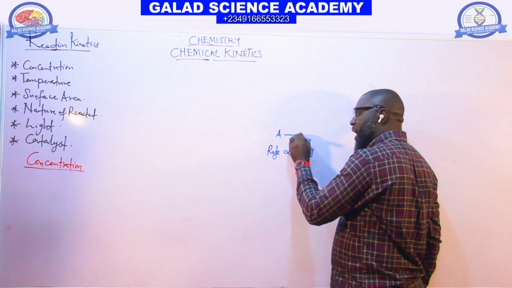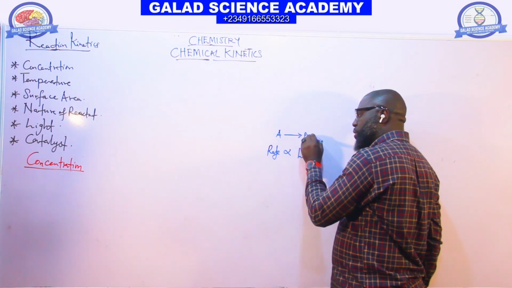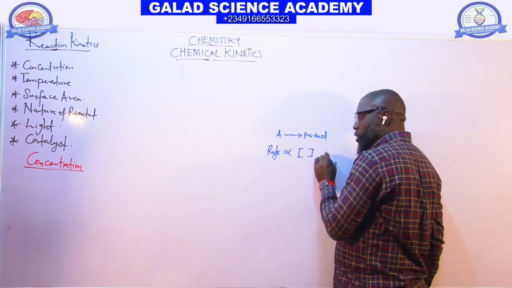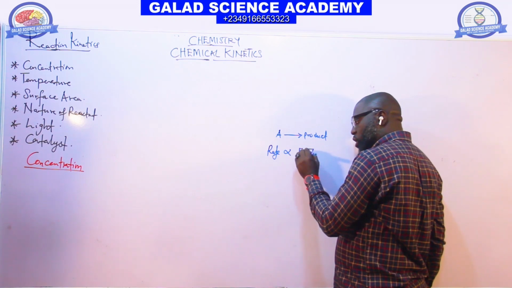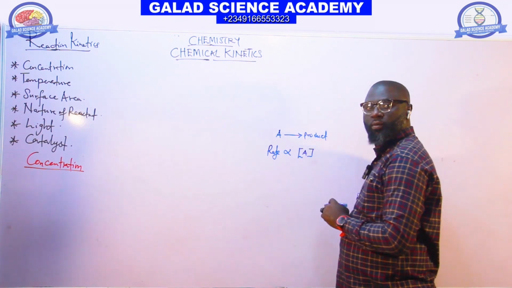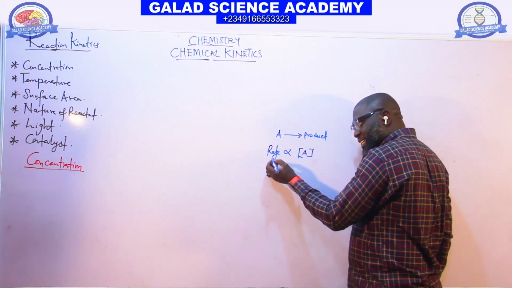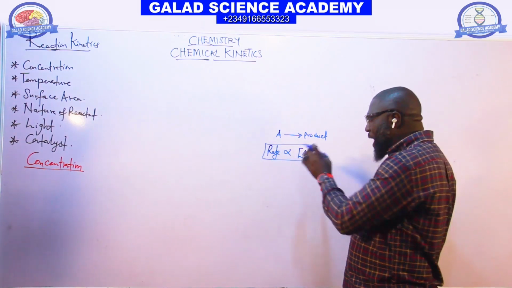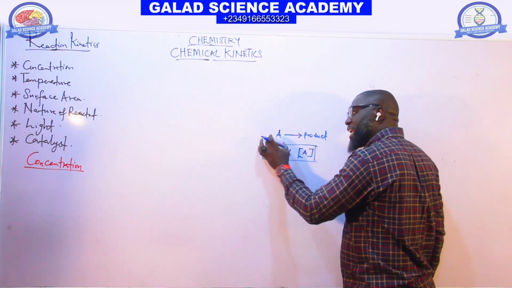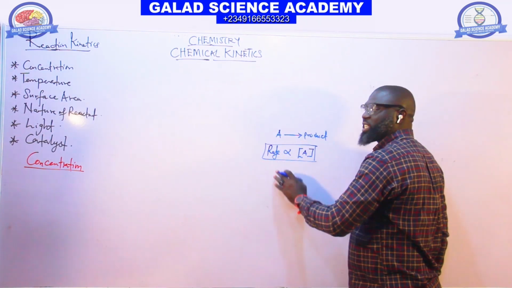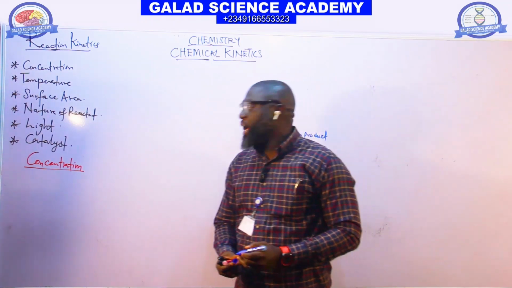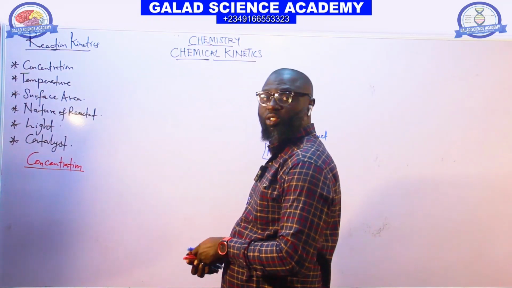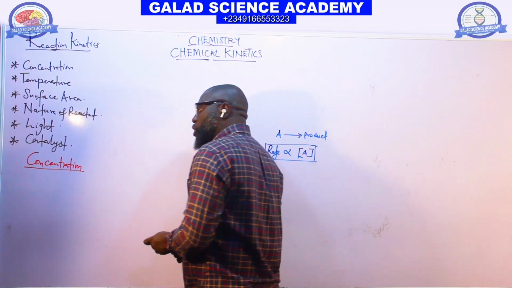If we have A reacting to give a product, the rate will be proportional to the concentration of A. So this is the rate law. This statement tells us that when the concentration of the reactant A is increased, the rate of reaction will also increase. And the effect of concentration can be put on a graph.